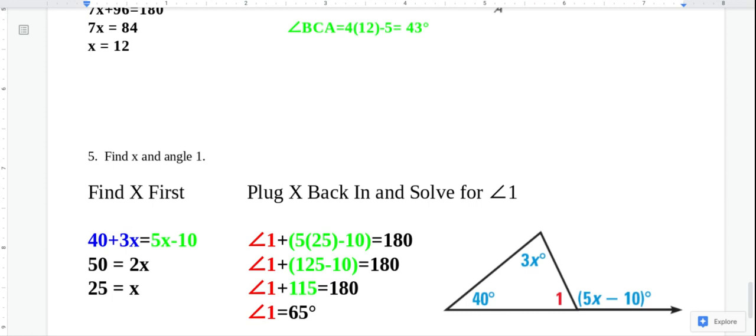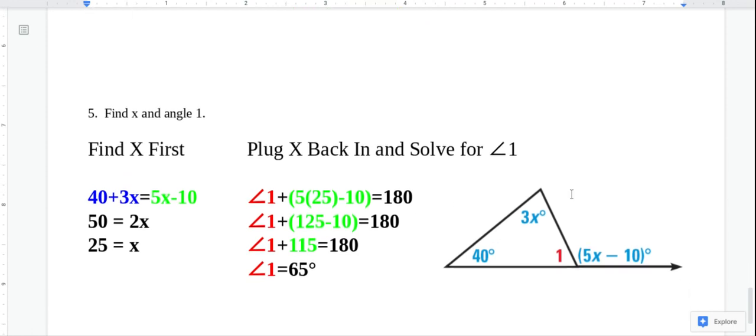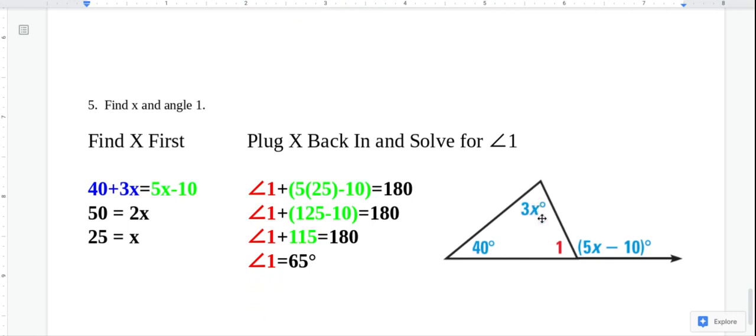The other way you could have done this, and you may have already recognized, we talked about all three interior angles adding up to 180. So I could set it up 40 plus 3x plus angle 1 equals 180. And since I know x is 25, I could plug that in.